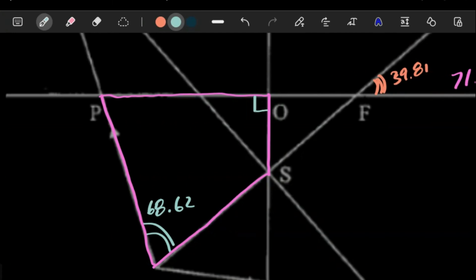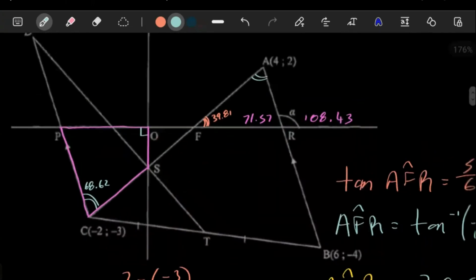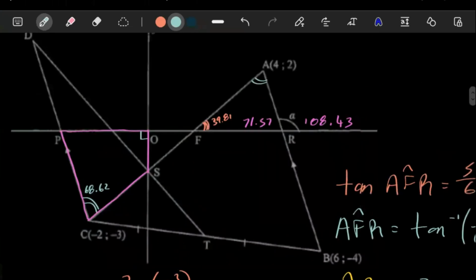Now, all this being said, you would probably be thinking to yourself, in this shape, do we have any triangles in there? We don't seem to have any specific triangles. So that situation already puts us in a bit of a tight spot, but we can make them up. We can make triangles in our shape here, do what we can do, and then I think from there we should be fine.